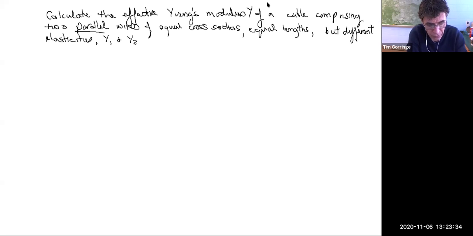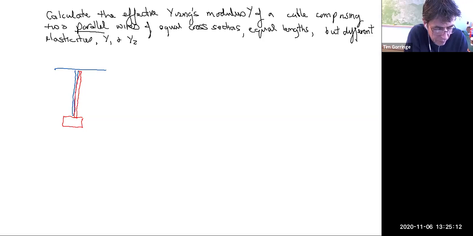Let me draw a picture of the situation. So here's a sketch of the arrangement of the two wires, a blue wire on the left, a red wire on the right, and some mass that's causing a stress on the two wires.